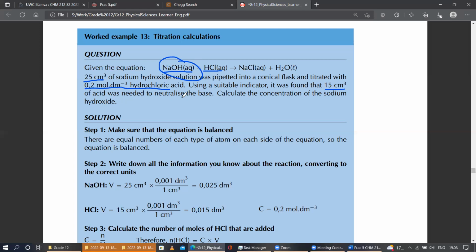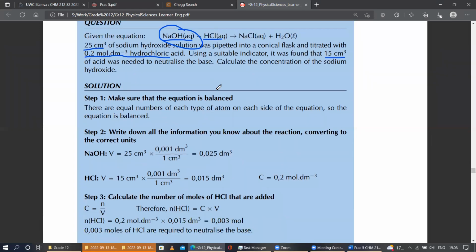The first thing that we must always do when we see a chemical reaction is balance the equation. In this particular case, everything is already balanced. The second thing is that you have to convert to the correct unit. As you can see here, they converted the volume from cubic centimeters to cubic decimeters.